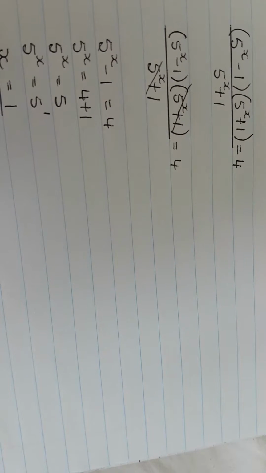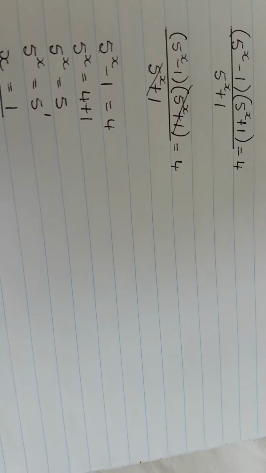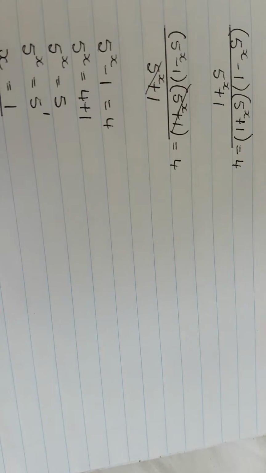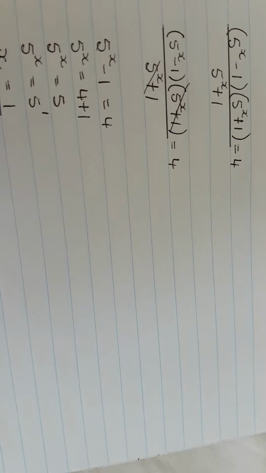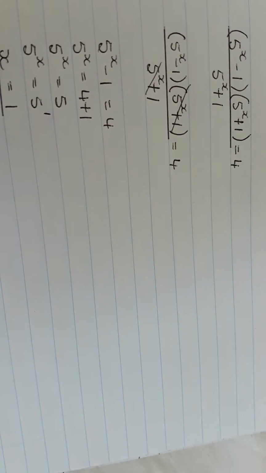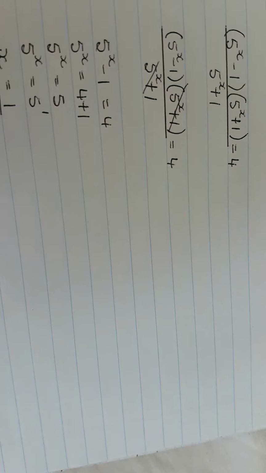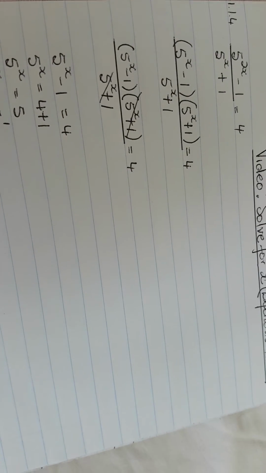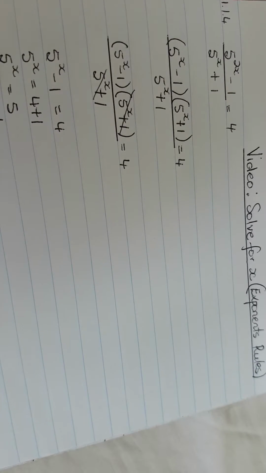Since the base here is 5, you keep the same base, you just add the exponents. So if I say 5 to the power of x times 5 to the power of x, I'll keep the base as 5, but I'll just say x plus x is equals to 2x. That then gives me the numerator as I return it.